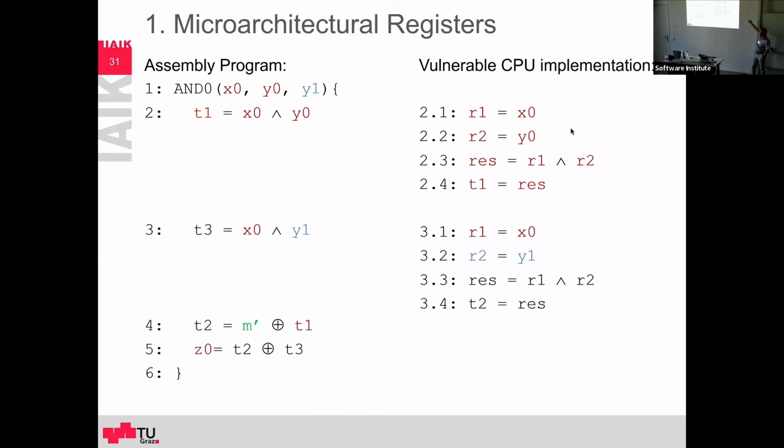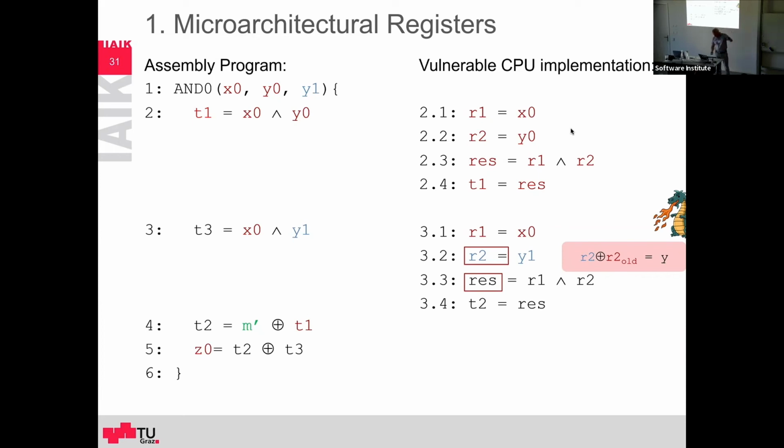Your power usage depends on the XOR of the two, and this leaks the XOR of Y0 and Y1. That's secret. So this is something that is not obvious at all if you look at the assembly code, and it's only obvious if you look at the microprocessor implementation. This needs to be fixed.